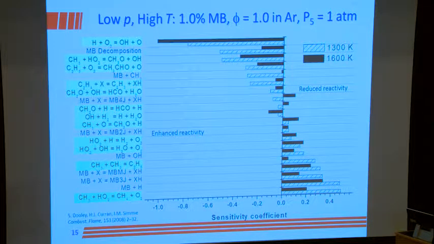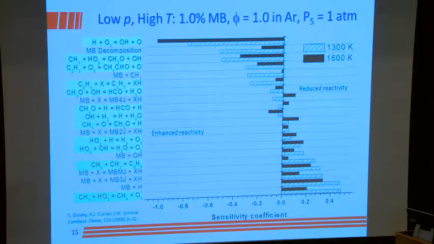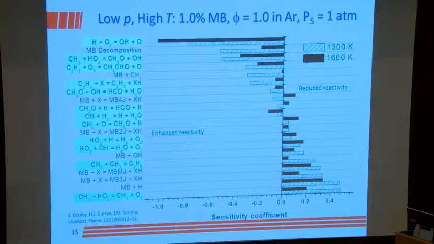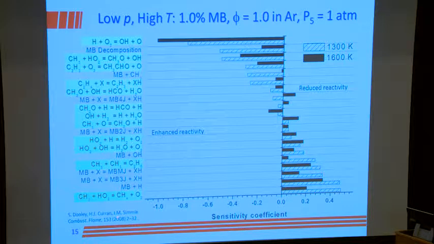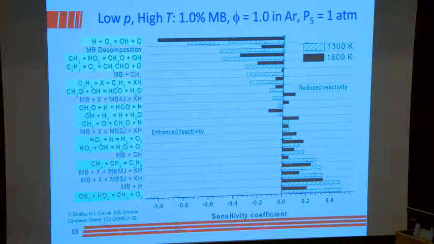This sensitivity analysis is performed by increasing the rate constant by a factor of 2, both forward and reverse, and seeing what effect that has on the predicted ignition delay time. The most important reaction inhibiting reactivity is methyl plus HO2 giving methane plus O2, because it competes with the reaction enhancing reactivity.